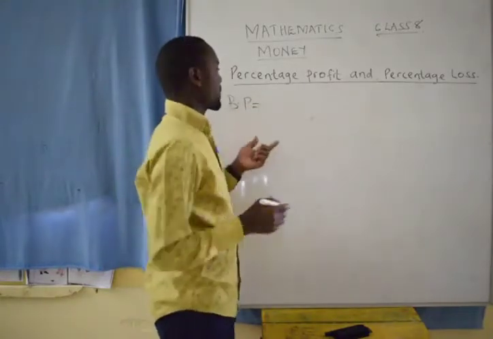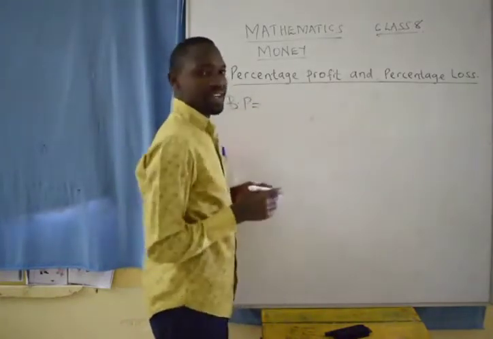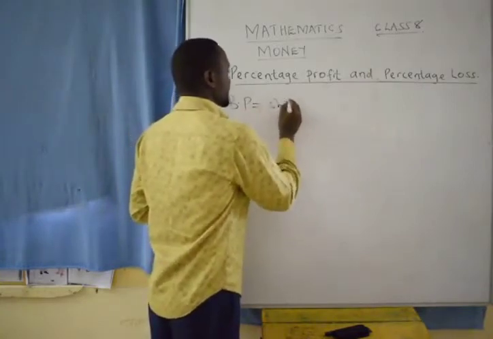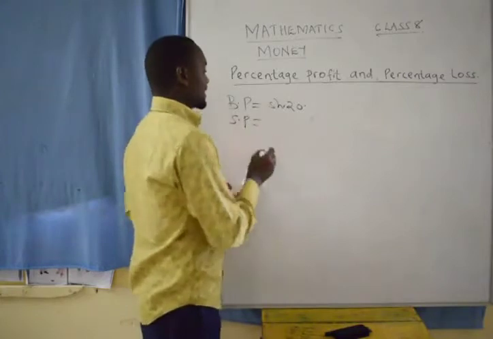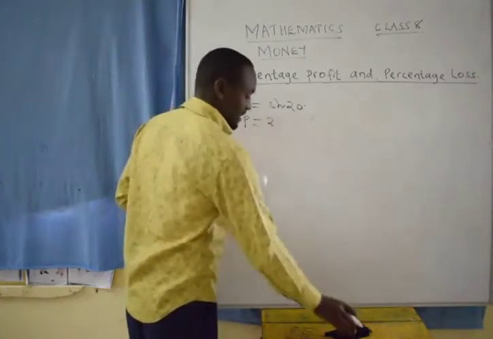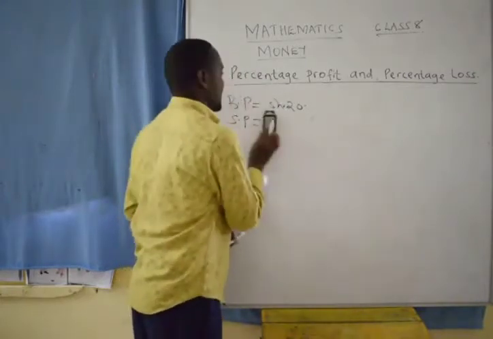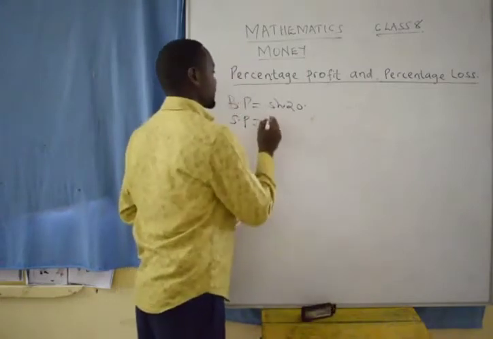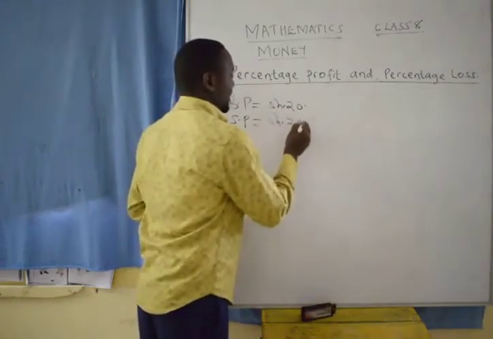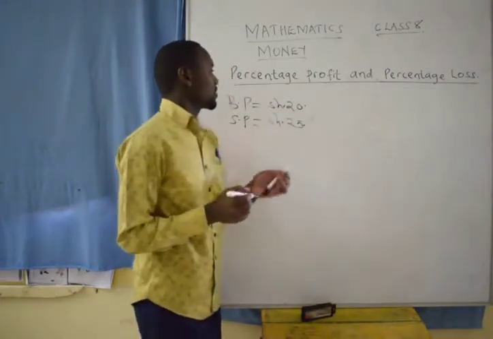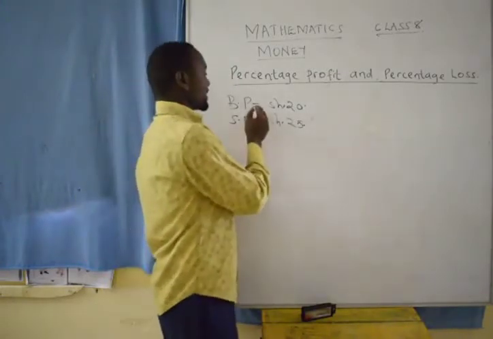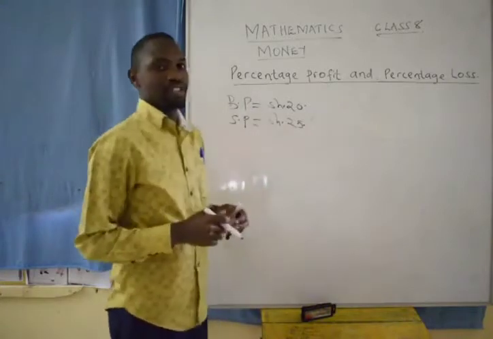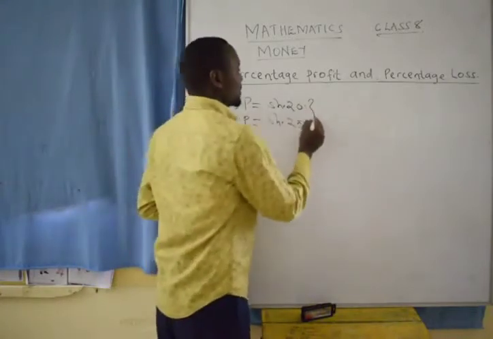For example, if you bought a pen for 20 shillings and you sell the pen at 25 shillings, this means that you sold the pen at a profit. Why? Because the buying price is less than the selling price. So in this case, this is the profit.